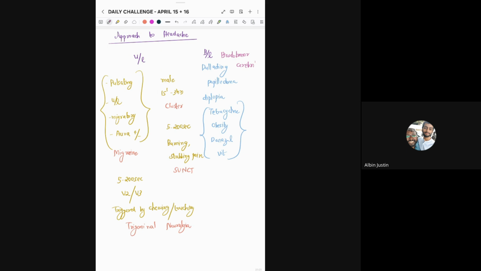What is SUNCT? Short-lasting, unilateral, neuralgiform headache with conjunctival injection.